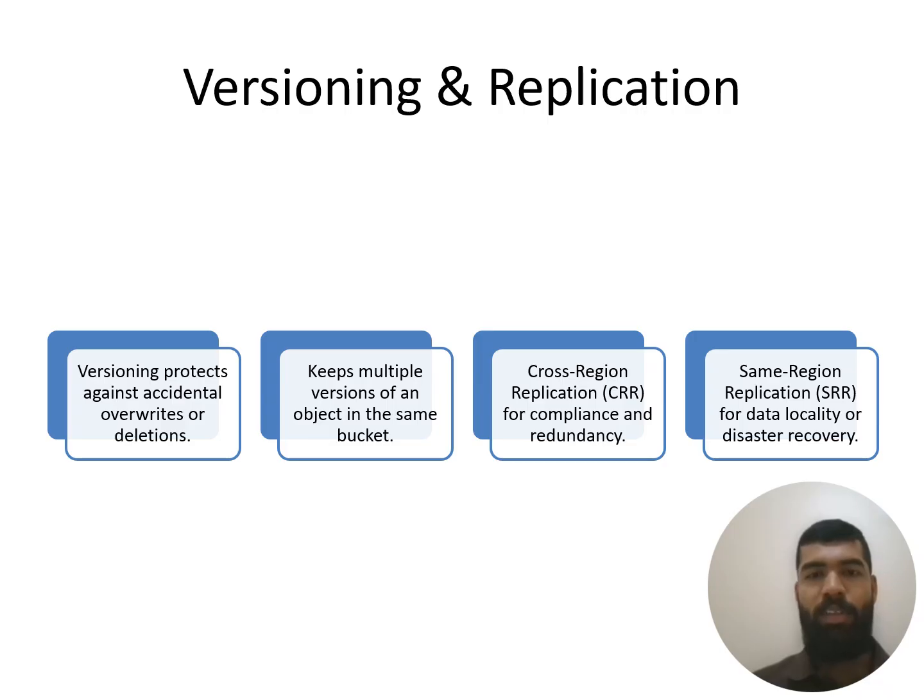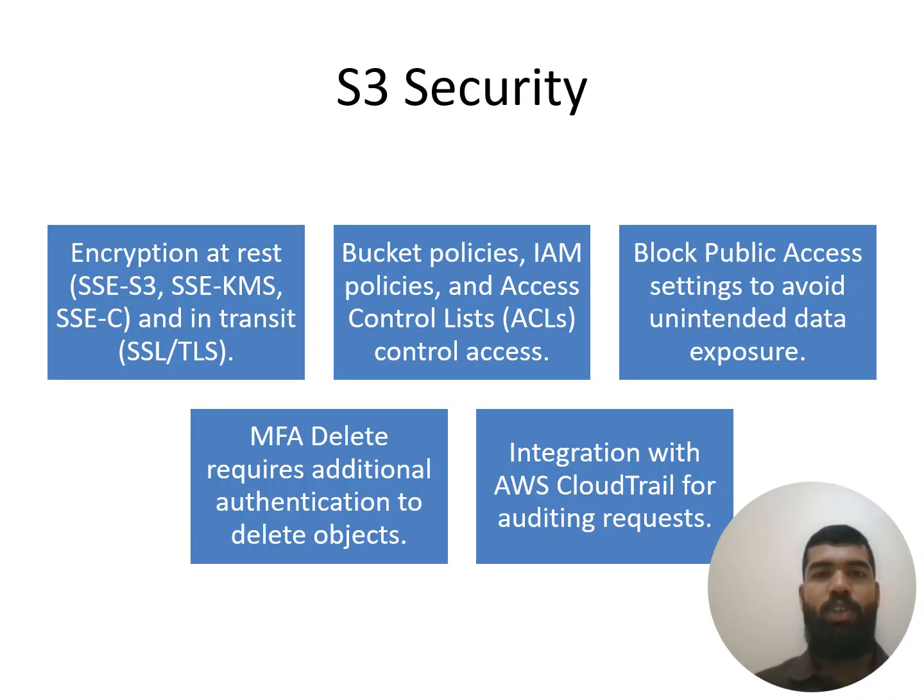So let's move further. Now let's talk about Amazon S3 security. S3 security is built on strong foundations. The data can be encrypted at rest using SSE-S3, SSE-KMS, or SSE-C, and in transit using SSL.